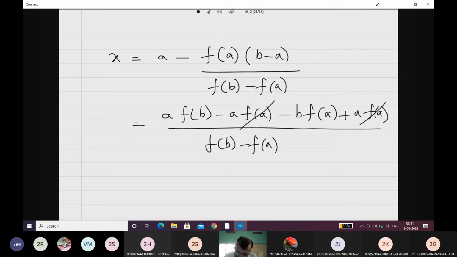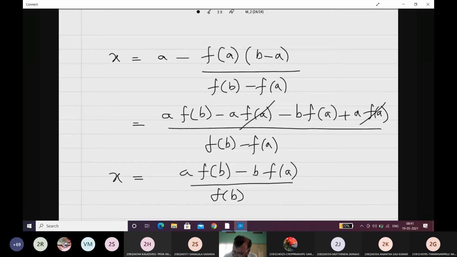So what is the value of x? x is equal to a into f of b minus b into f of a by f of b minus f of a.